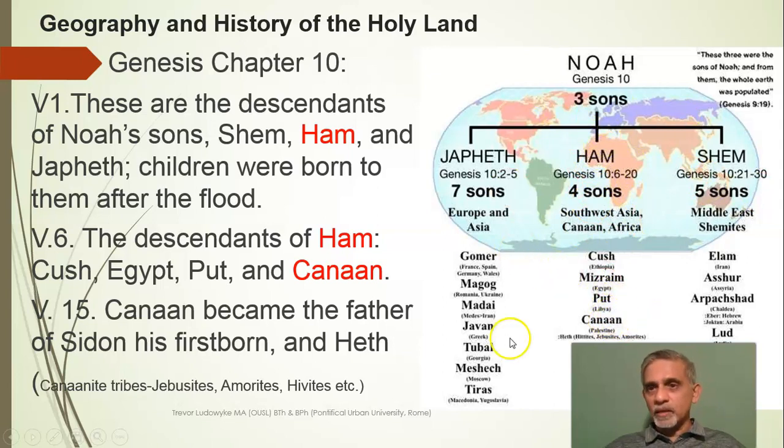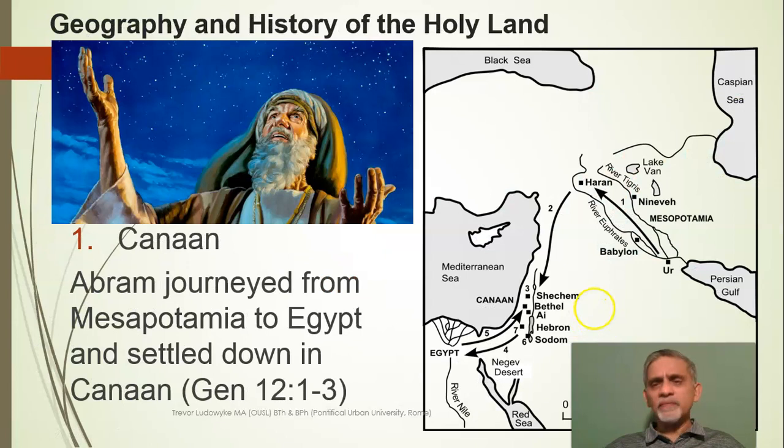You see this in this graph as well, explaining the lineage of Noah's sons and grandsons, and Canaan is one after whose name the area was called Canaan, because he lived in that area.